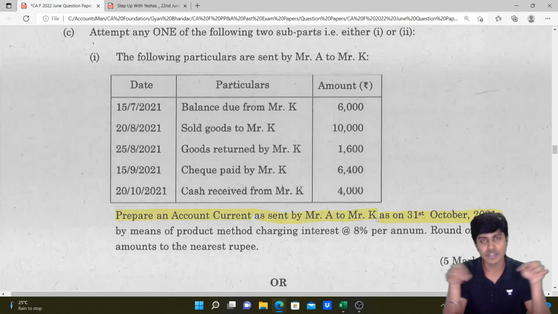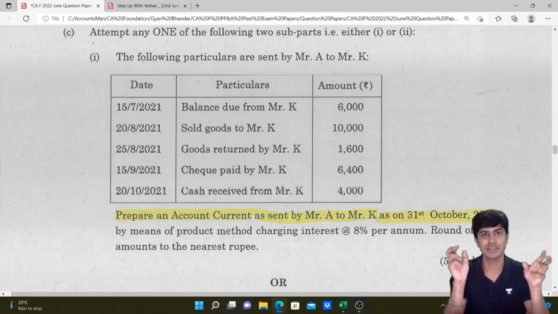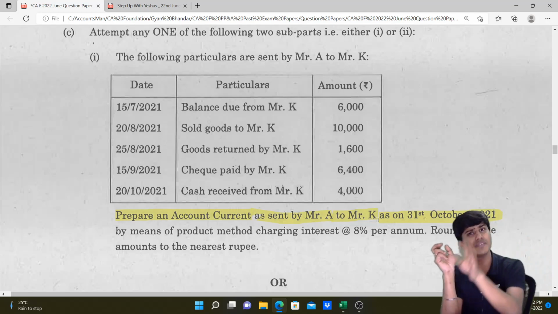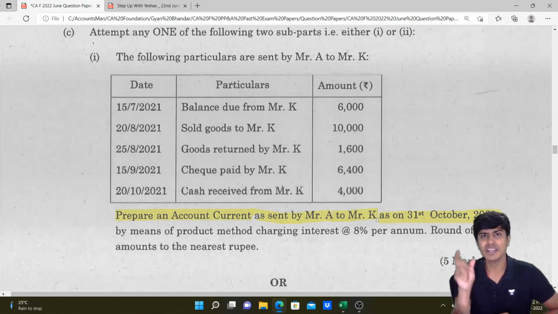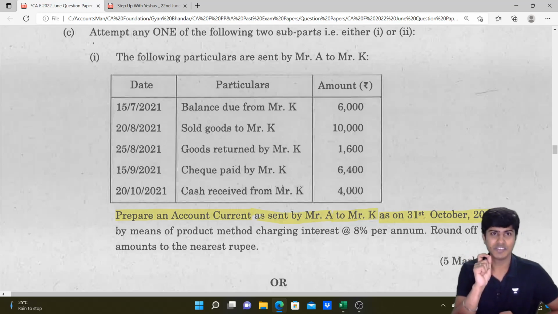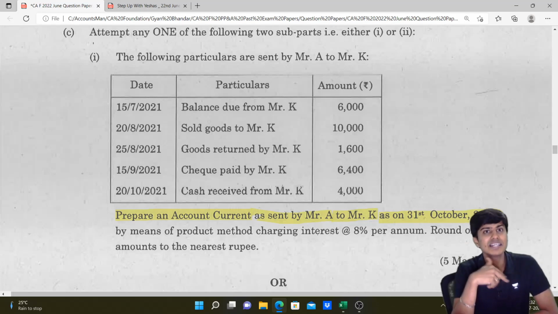It is R first, S next. When you write the name of the account current, you need to write receiver's name first, then the sender's name. Receiver in account current with sender. Fantastic. So remember this. So this is being sent, no?